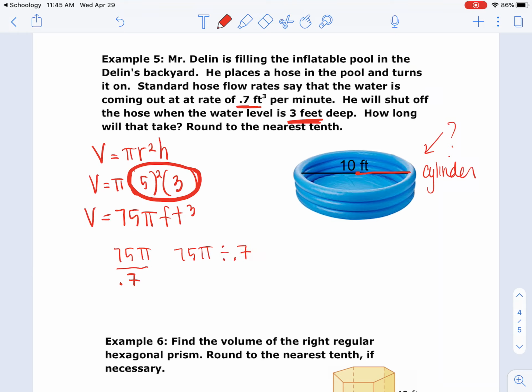This is going to tell me how long it's going to take. So I end up getting 336.6 minutes. Now it says round to the nearest tenth, so that's why I put 0.6 there.